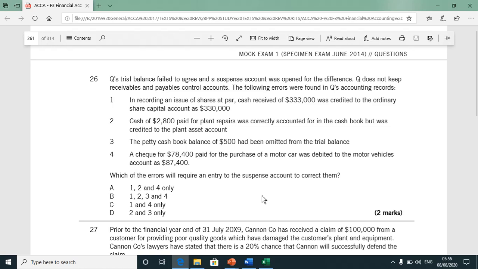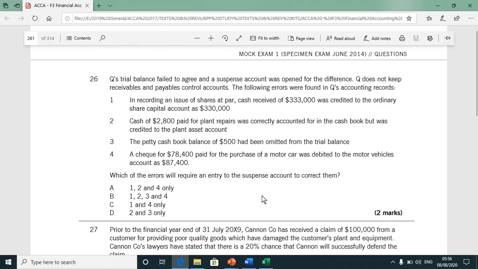So I begin. 1 says, in recording an issue of shares at par, cash received of 333,000 was credited to the ordinary share capital account as 330,000. Of course, that's a different debit and a different credit, so the suspense account will have to be opened.